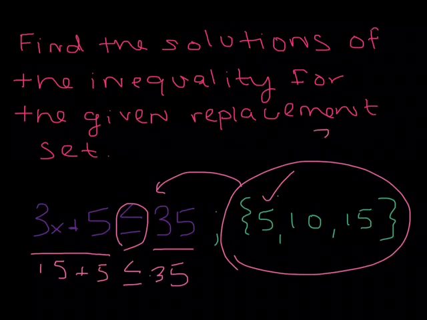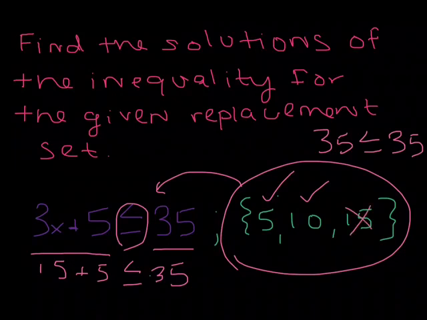So 35 is also less than or equal to 35 because 35 is equal to 35. So 10 is also a solution. Now it looks like 10 is the highest possible value because if I multiplied 3 by a number that was larger than 10, I would get a number that was larger than 35. So we know that 15 can't be a solution.